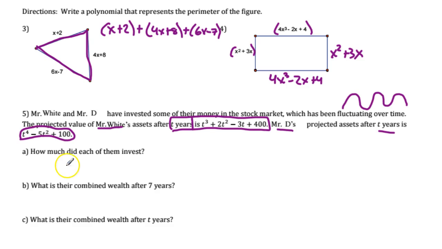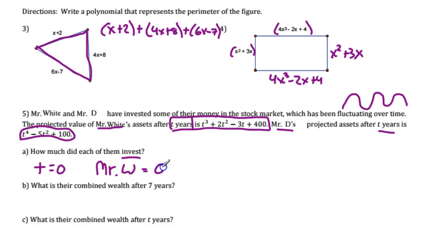So how much did each of them invest? Well, invest means when you start at the beginning, right? So how much do we invest? At the beginning, that's going to be 0 years. So t will equal 0. And then you need to do Mr. White, right? So put zeros in for t here.